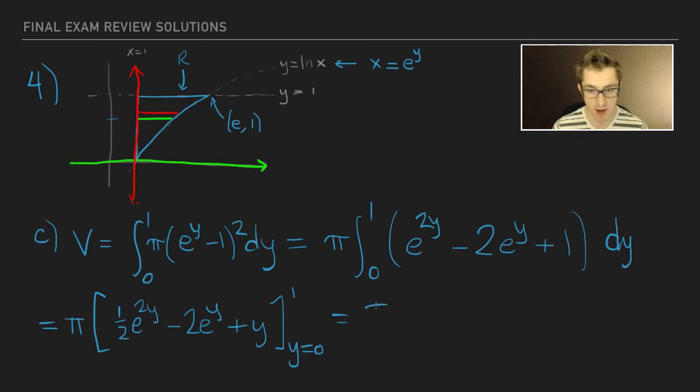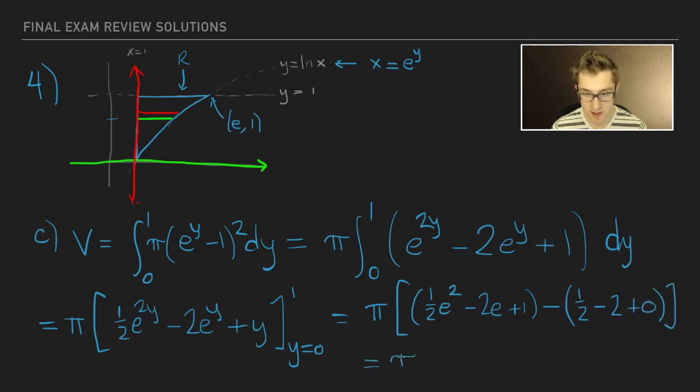Now I plug in, I have pi times a big parentheses. When I plug in 1, I get 1/2 times e squared minus 2e plus 1. And then when I plug in 0, I get 1/2 times 1 minus 2 times e to the 0, and then plus 0.